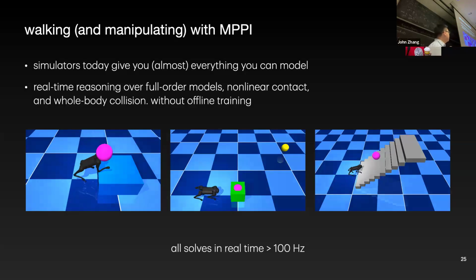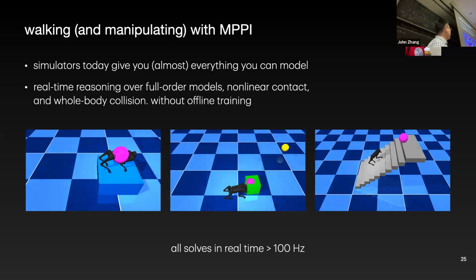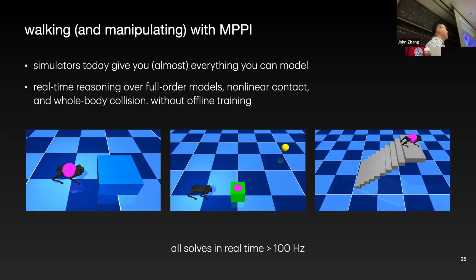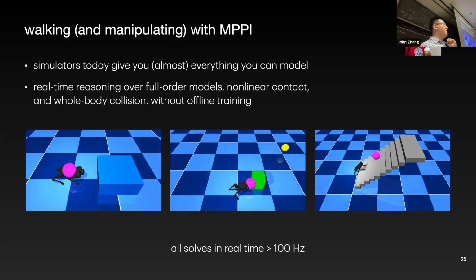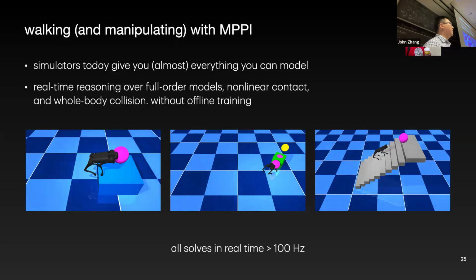I can also think about doing manipulation with this. In the middle example, I don't have any planned contact mode. All I'm saying is there's a box over there, go walk towards the box. The reward term says I want the box further away, where the yellow dot is.